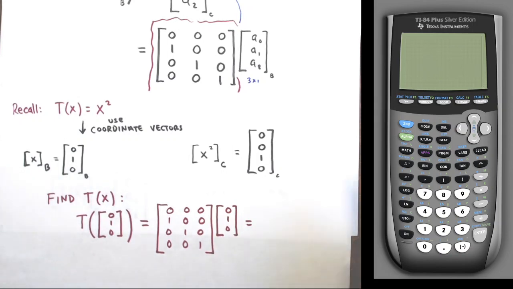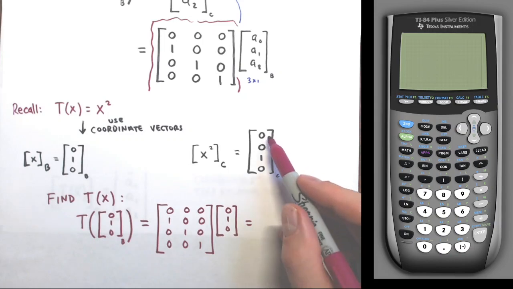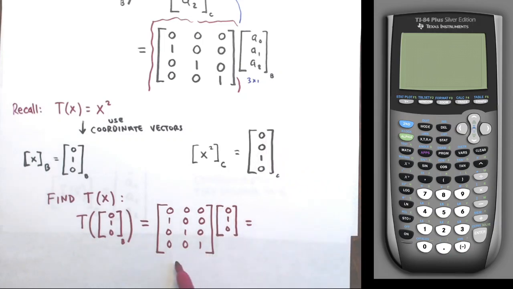Now I'm hoping, again, these are coordinates with respect to B. I should be getting an output that are coordinates with respect to basis C. This better be this 0, 0, 1, 0. Well, look, it's a 4 by 3 times a 3 by 1, so it'll be a 4 by 1, like I want.